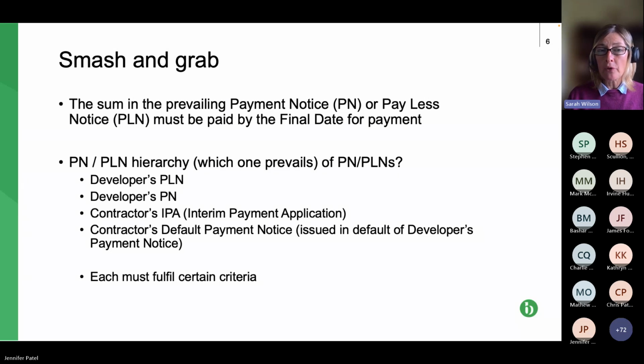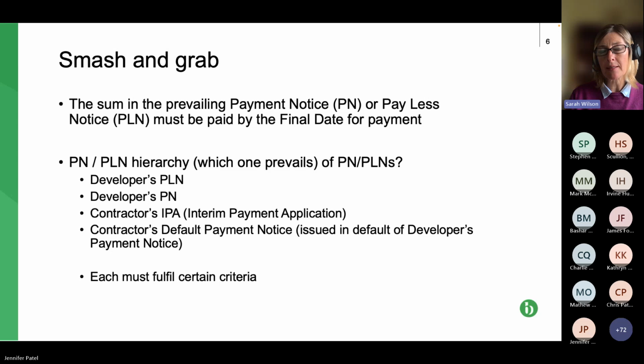Well, if all three of them are served, the pay less notice. So the pay less notice is the top of the tree, basically, even though it's served last. Then the payment notice, and finally the interim payment application. So whichever one of those is issued, whichever one prevails, is the sum that is payable.